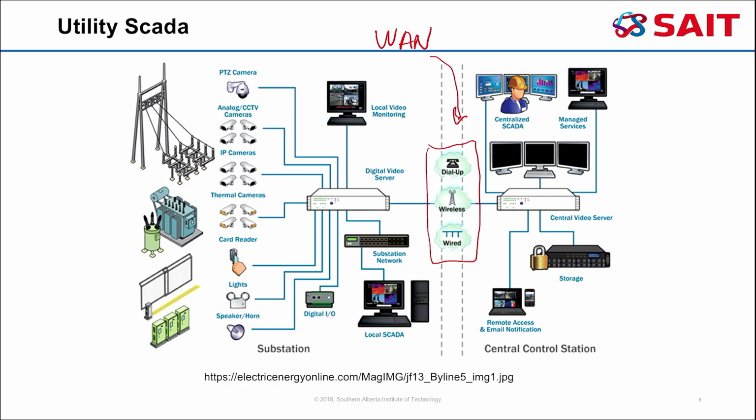This central control station, or what I would often call the MCC, or Master Control Center, is where all the SCADA engineers for either a specific utility or ISO are looking at all their HMIs and looking at a real-time snapshot of their part of the grid, the whole grid, or whatever, to make decisions on how to control these remote locations and remote devices that are part of a much bigger system like our electrical grid.